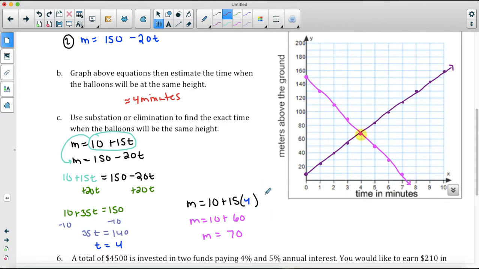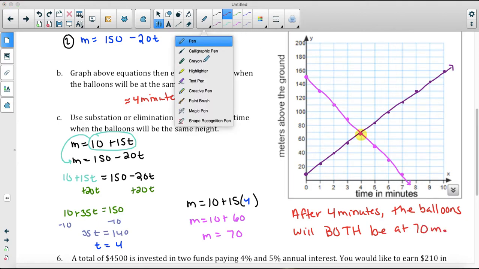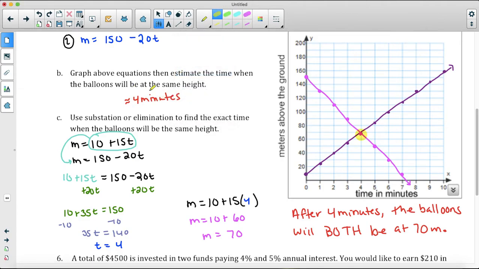What this means is that after 4 minutes, the balloons will both be at 70 meters. And that is what we had estimated, that it will be at 4 minutes, and we can prove this algebraically and graphically.